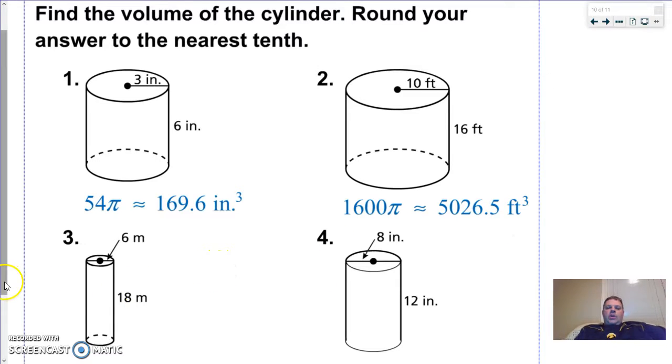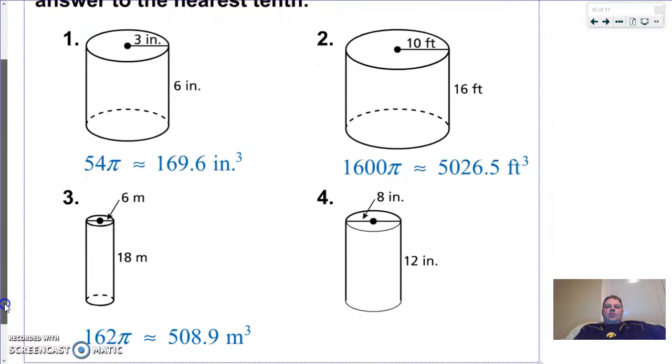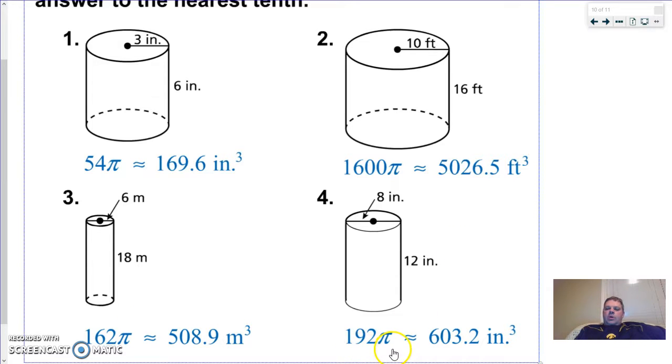In number 3, we have an answer of 162 pi, which is 508.9 cubic meters, because this is 3 times 3, which is 9, times 18, which gives us our 162. In problem number 4, we get 192 pi, or 603.2 cubic inches.